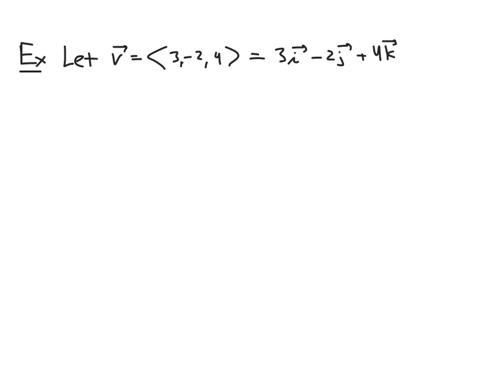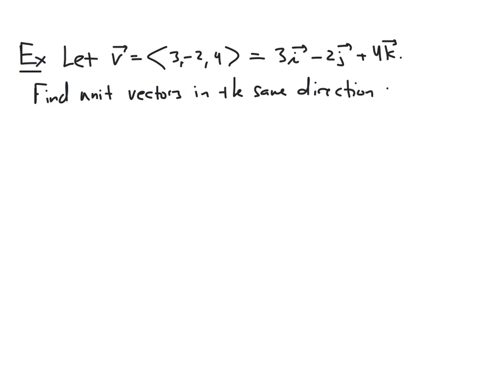So these are the same vector, just written in the 2 different forms. So what I'd like to do, I'd like to find unit vectors in the same direction as v and in the opposite direction as v.